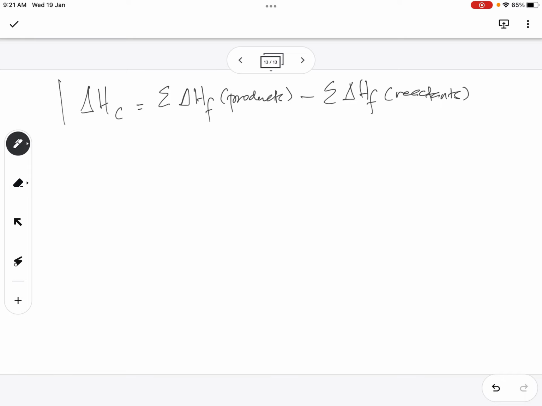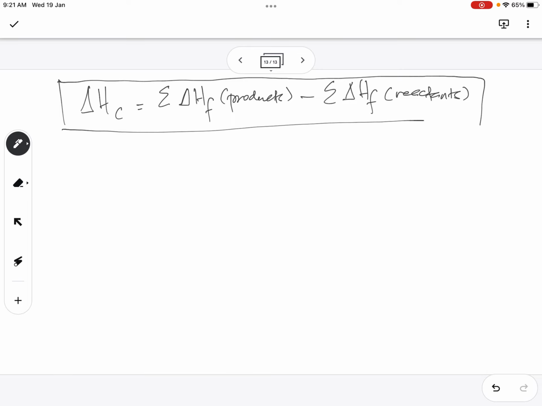Okay. This is the new formula. I repeat again. Enthalpy of combustion equals to summation of enthalpy of formation of products minus summation of enthalpy of formation of reactants. Okay. So in this case, we have to know the products and the reactants.